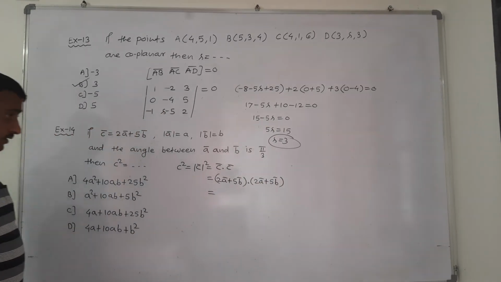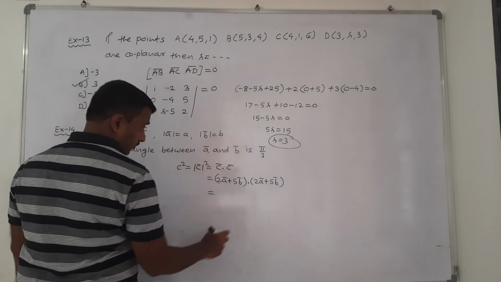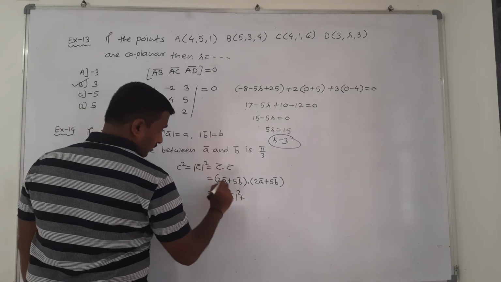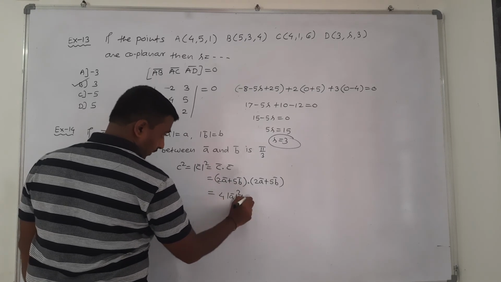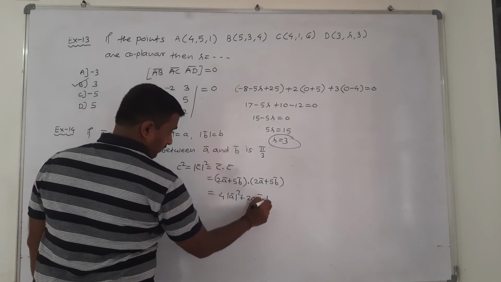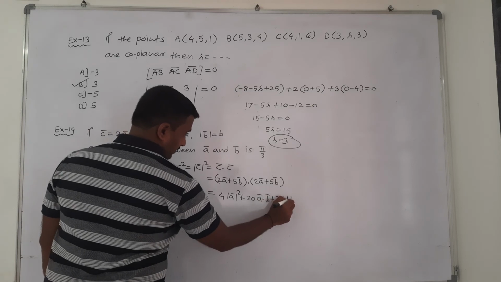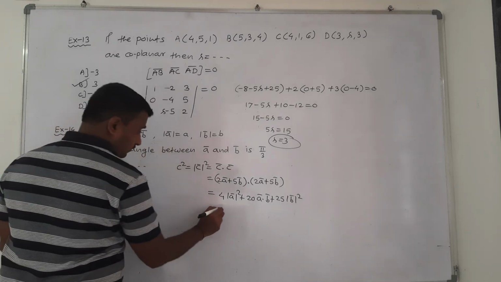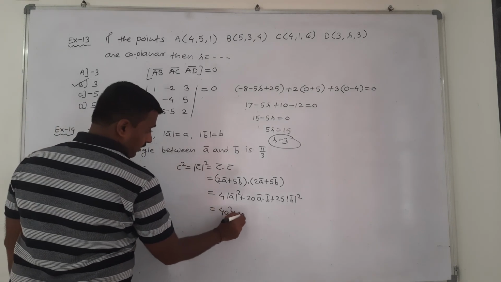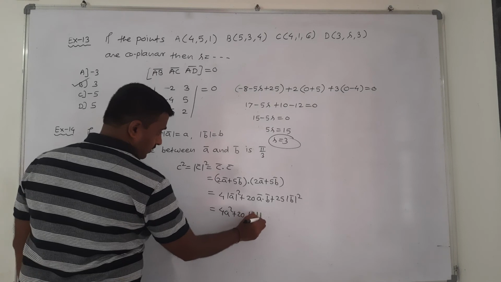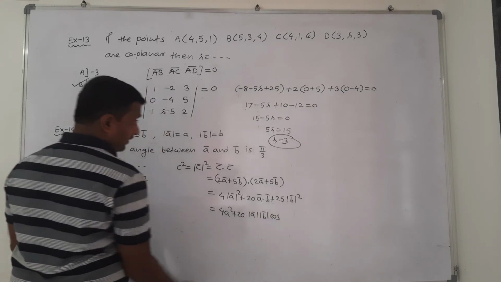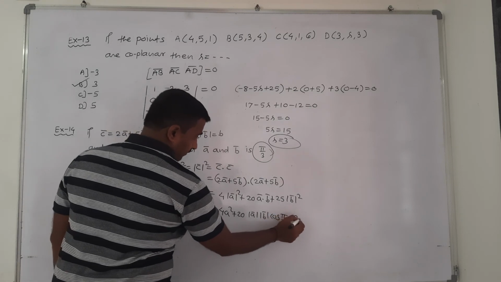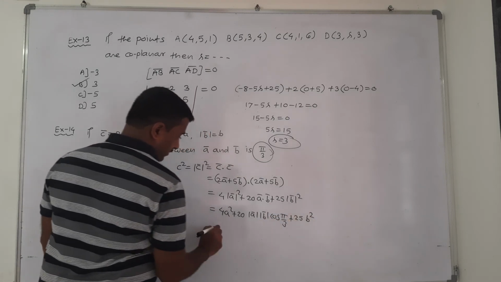Multiplying out the dot product: 4 modulus A bar square plus double, 2 into 5 is 10, so 20 A bar dot B bar, plus 25 modulus B bar square. Modulus A bar means A, so that is 4A square plus 20 A bar dot B bar, which is modulus A bar modulus B bar into cos theta, where theta is given as pi by 3, plus 25 B square.